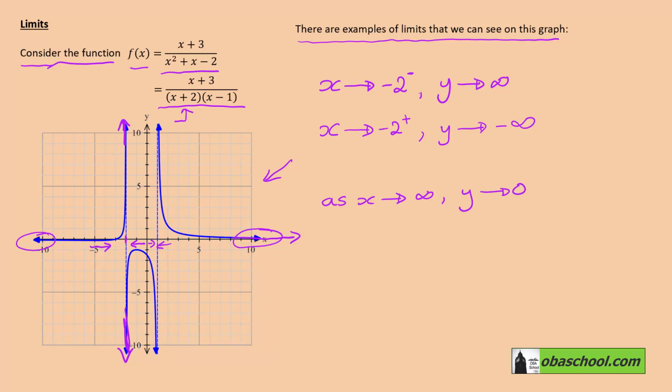If we're being strict about that, we would say y tends to 0 from above. We could also write that as the limit as x tends to infinity of f(x) is equal to 0. We can see that the same is true as x tends to negative infinity.